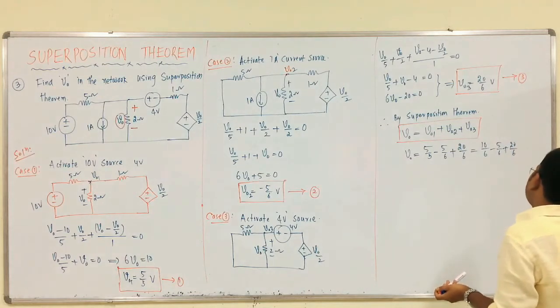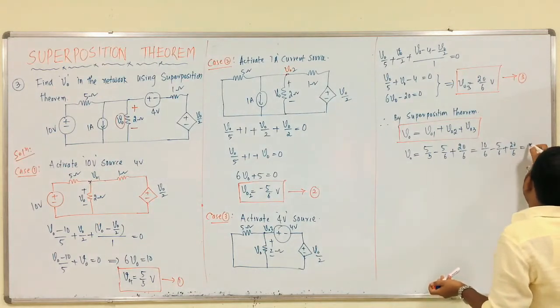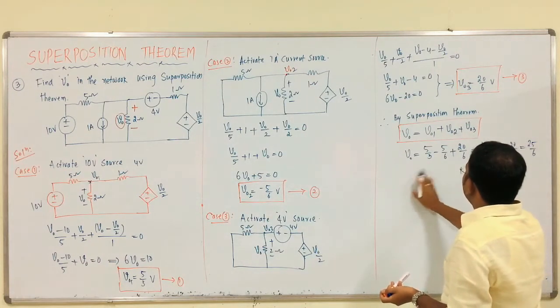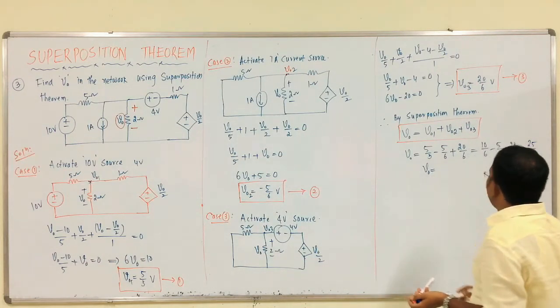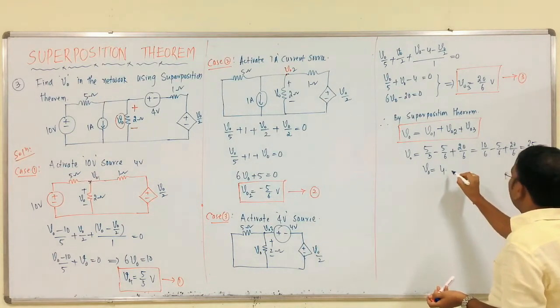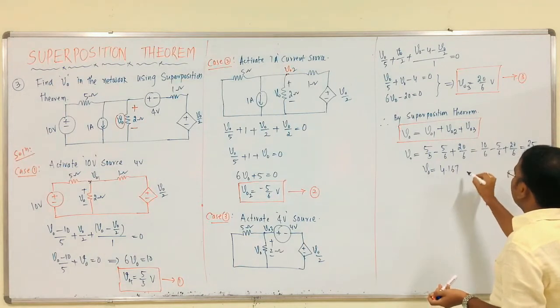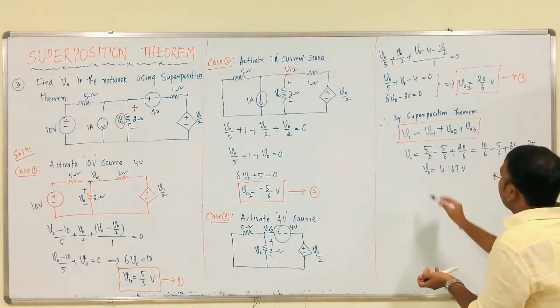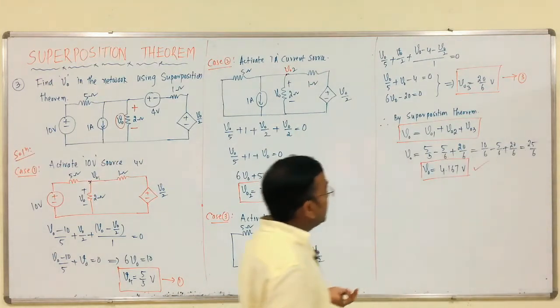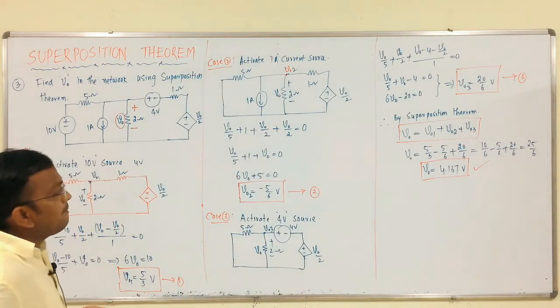So, 10 plus 20, 30 minus 5, 25 by 6. Therefore, the answer V naught is equal to 25 by 6, that is 4.167 volts. The answer is 4.167 volts, right.